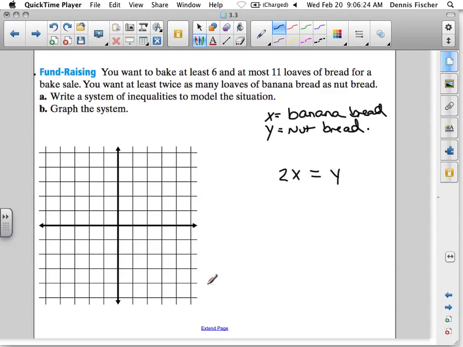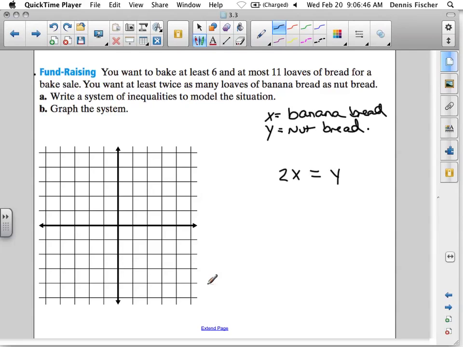Let's say we do want as many banana bread as nut bread. Depends on how many nut breads you have. So you want them to be equal, right? Let's make them equal. Is this equal? It could be. Okay, if I took the number of banana bread and doubled it. Now don't even think about it equation-wise. Let's just think about this sentence.